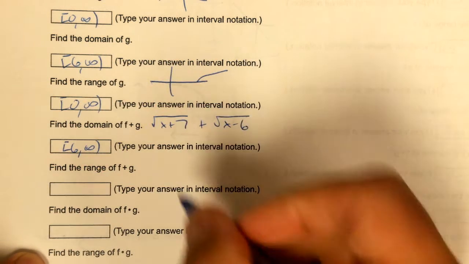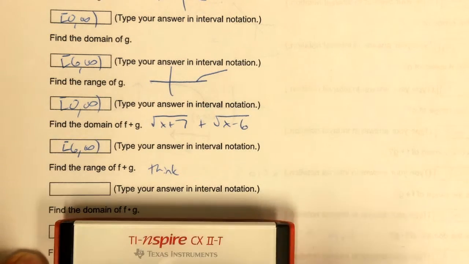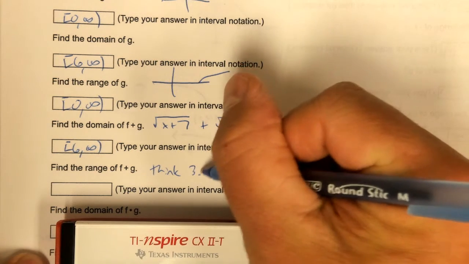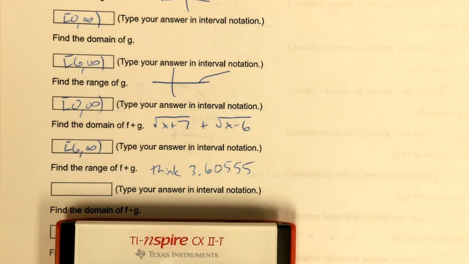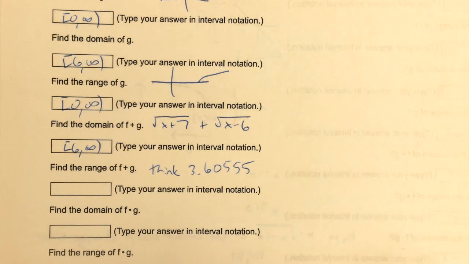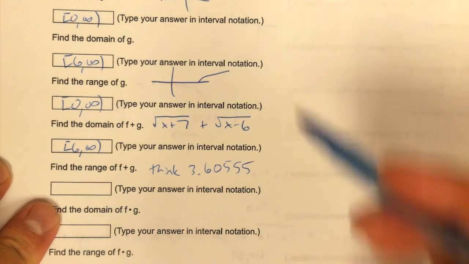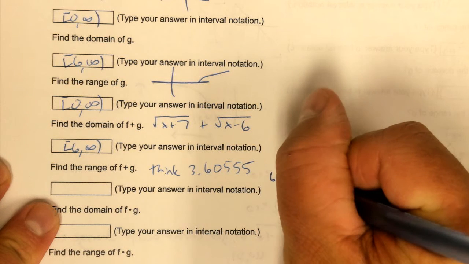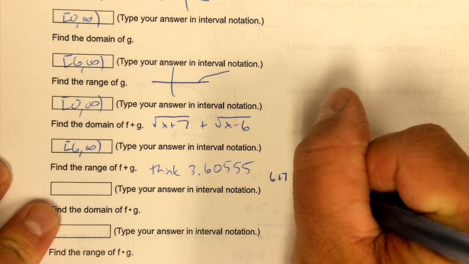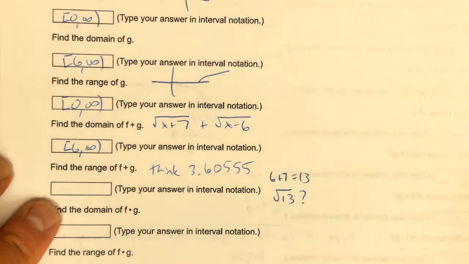and then for the range, I think it's 3.60555, and here's the reason. The easiest way, because there's no convert to a square root button, you can just use the numbers: 6 plus 7 is 13. I wonder what the square root of 13 is.